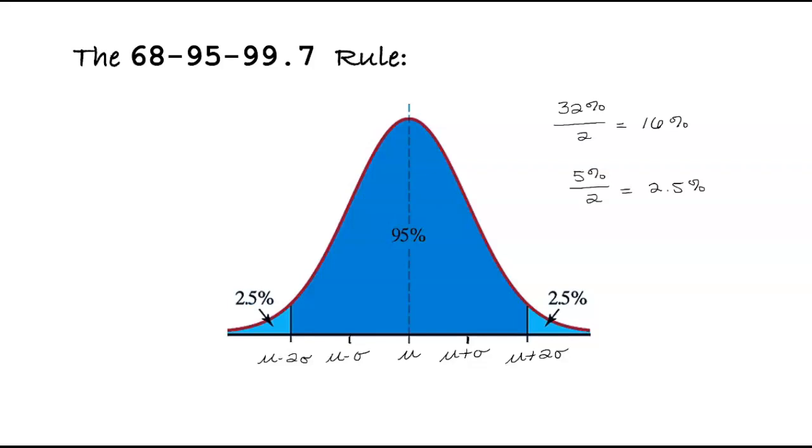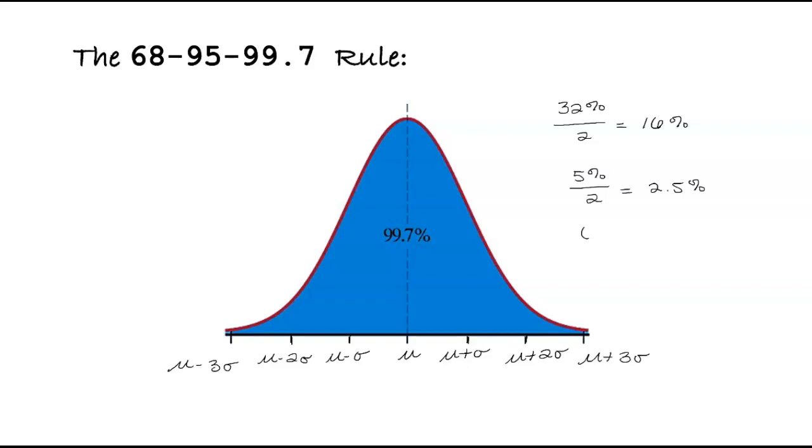Finally, this rule tells us that 99.7% of all of the data will be within three standard deviations of the mean. So if we take the mean and add 3 standard deviations to it and subtract 3 standard deviations from it, this only leaves 0.3% left over, or 0.15% in each of the tails.